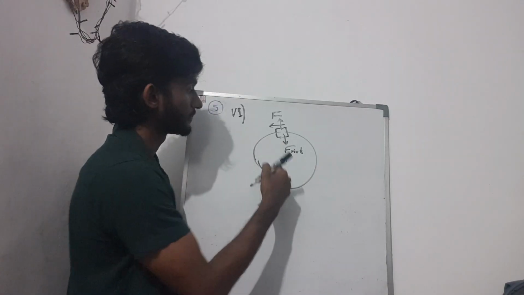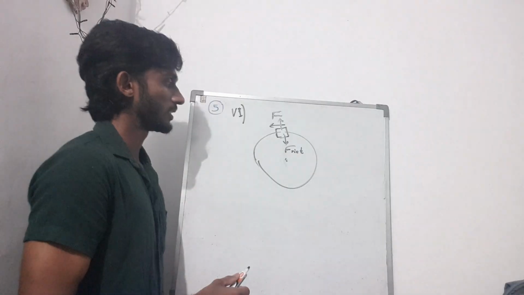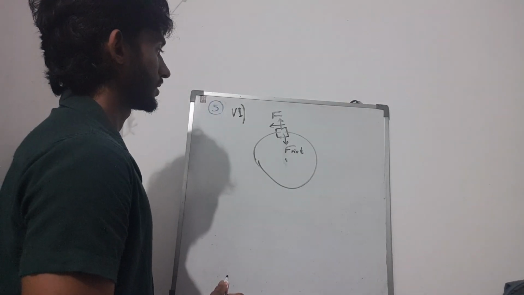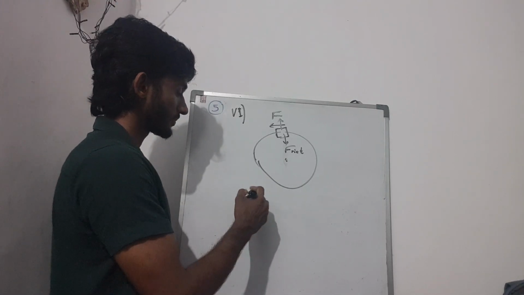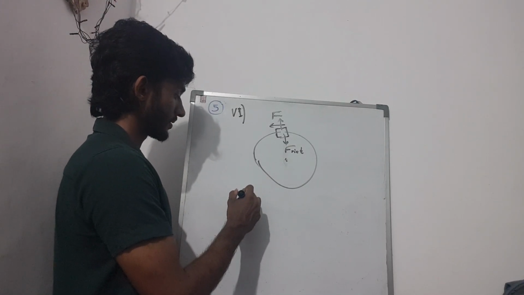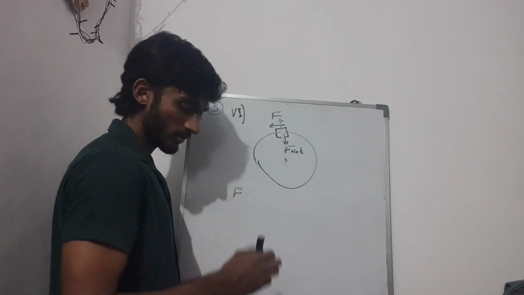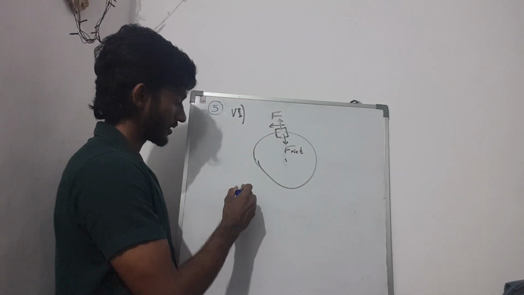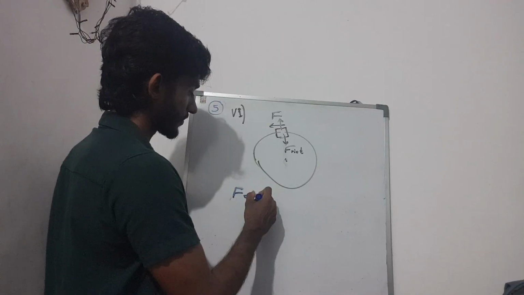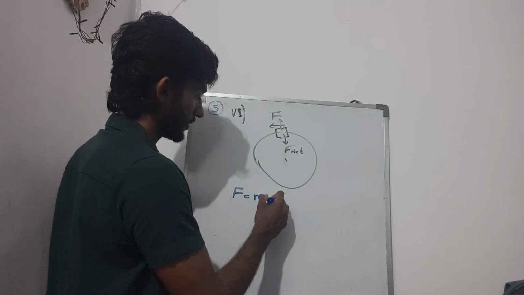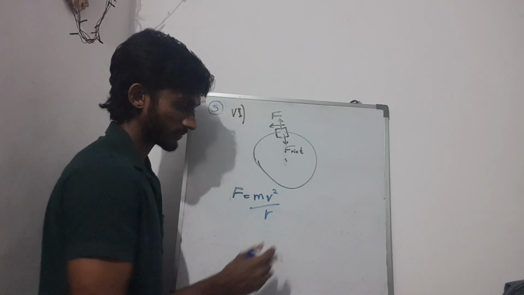Find the maximum speed. The centripetal force F equals m v squared over r.